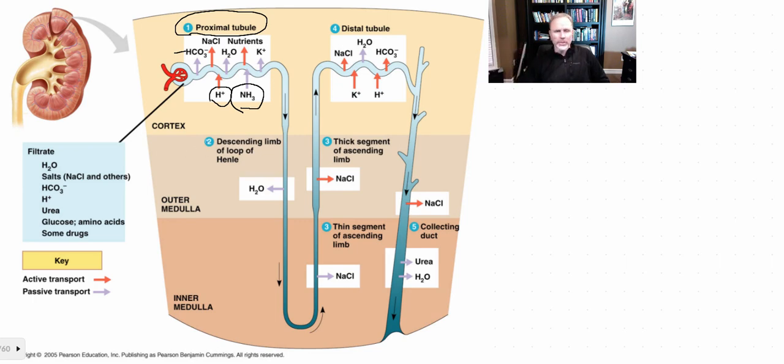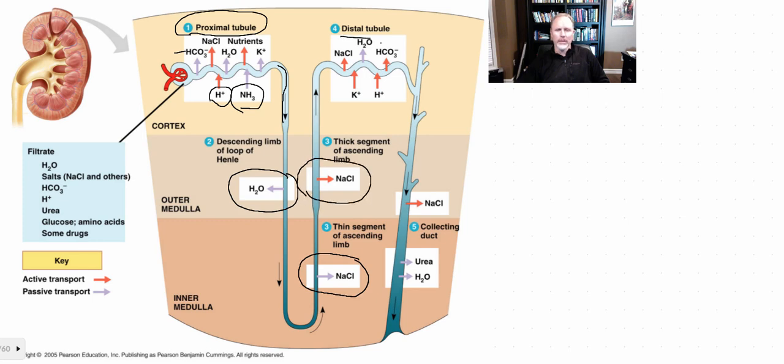But what you basically have then is a filtrate with some of the good stuff taken out. It's going to move down the loop of Henle, and then it's going to move back up. On the way down, you're going to passively get rid of some water. On the way back up, you're going to passively get rid of some sodium chloride, and then eventually in the thick portion, you're going to actively get rid of some sodium chloride.